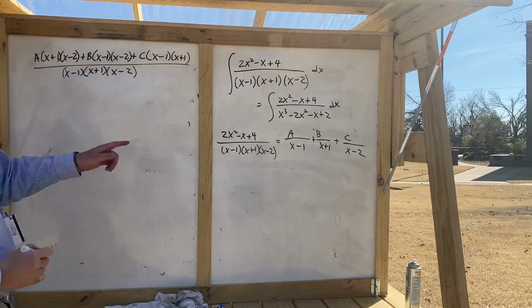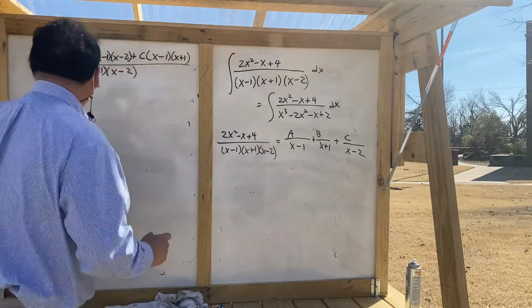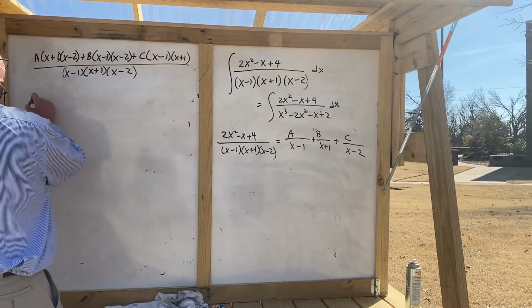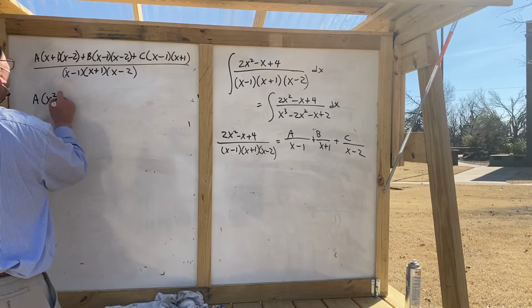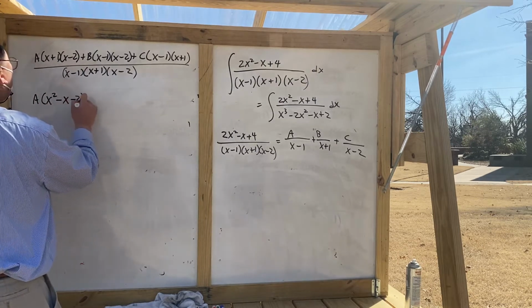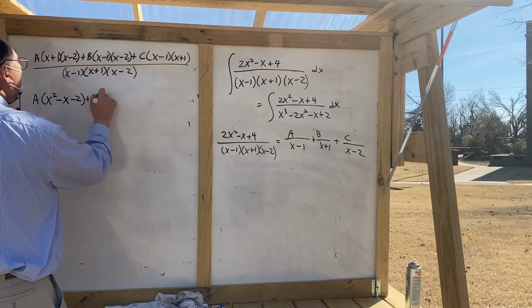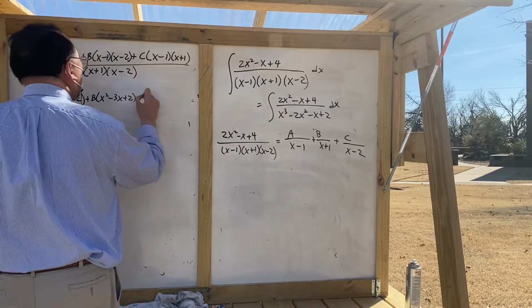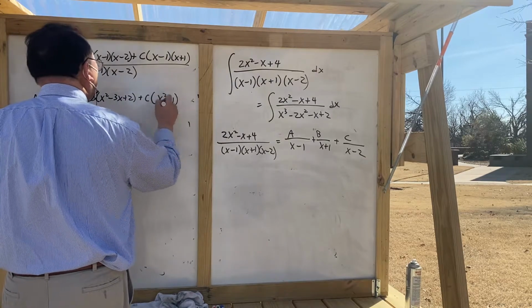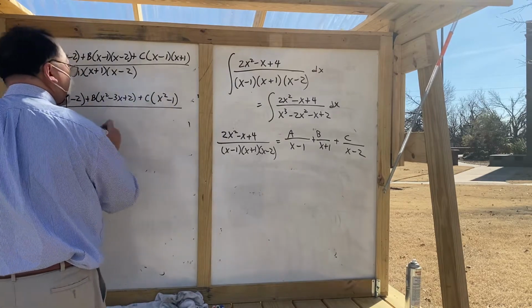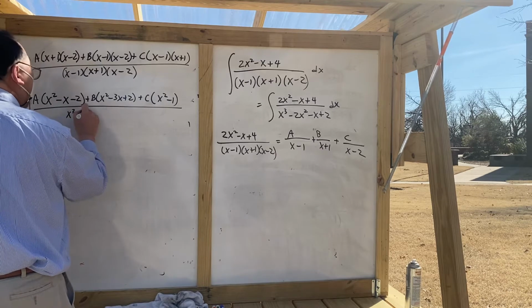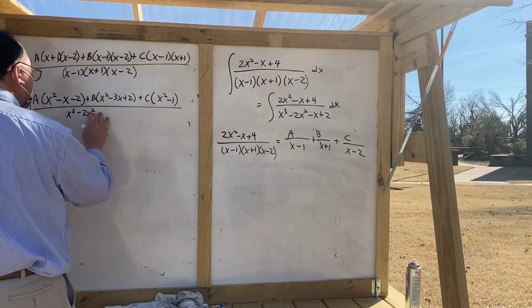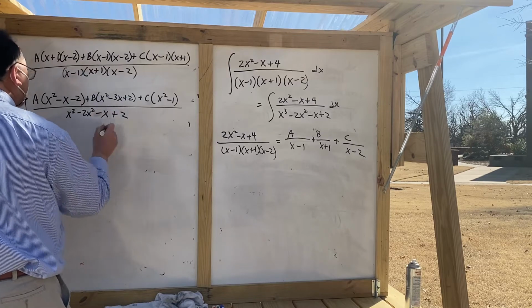Then I write a times x squared minus x minus 2 plus b times x squared minus 3x plus 2 plus c times x squared minus 1, all over x cubed minus 2x squared minus x plus 2.